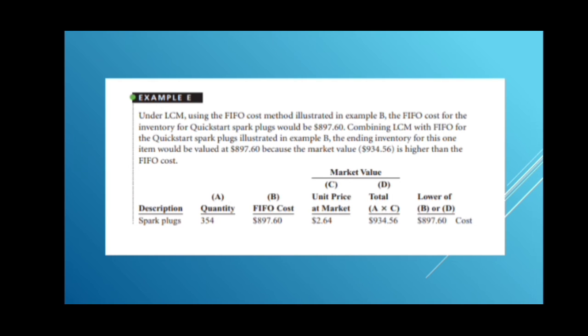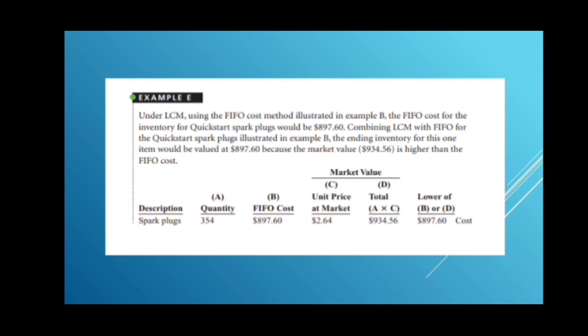So in getting the total, multiply the unit price at market and the quantity.